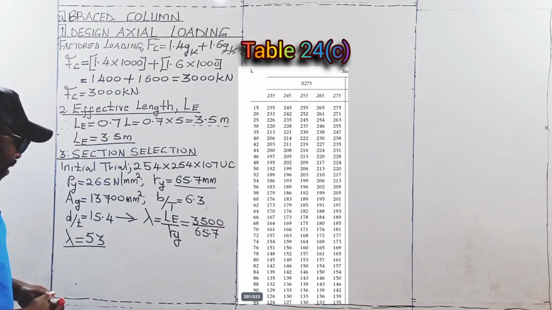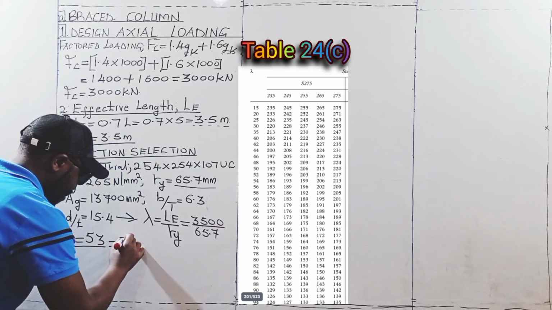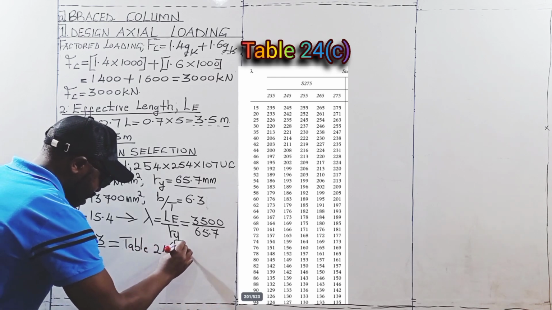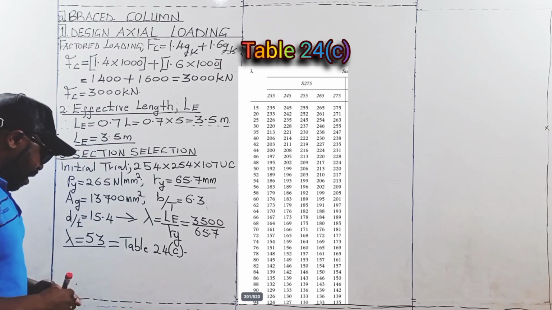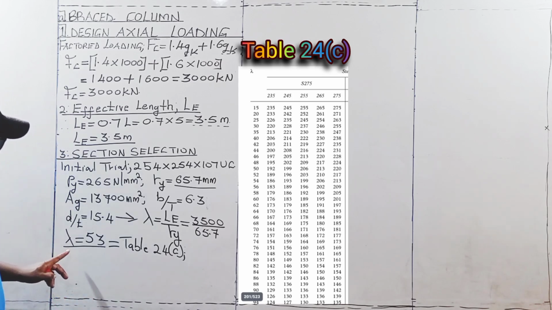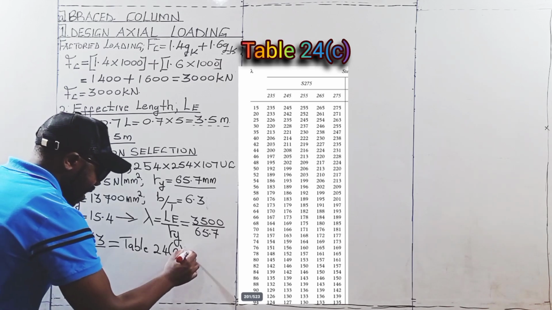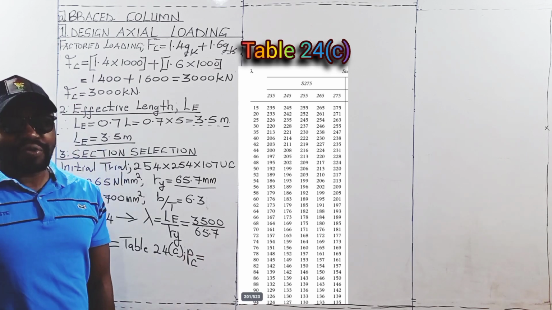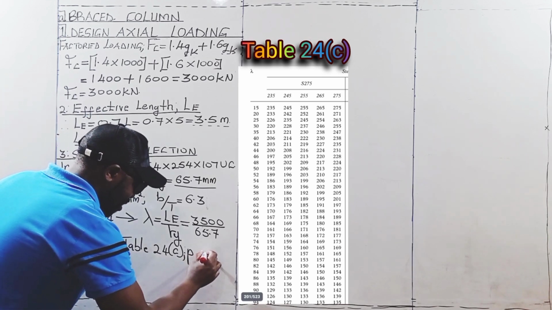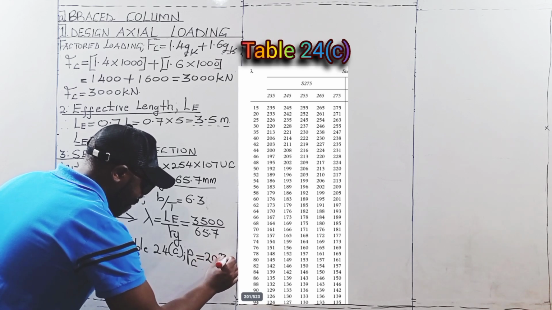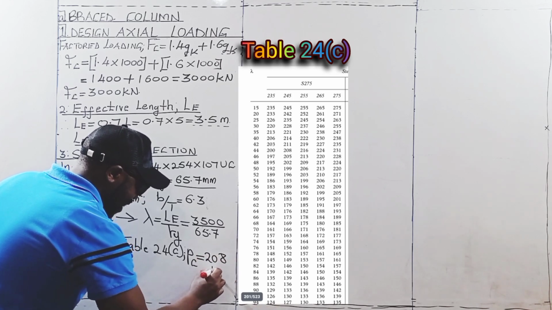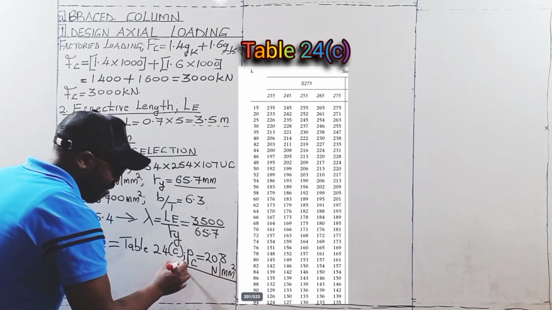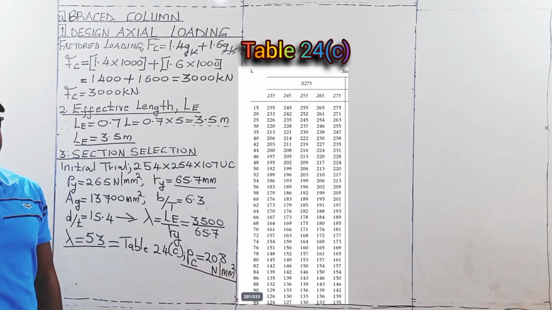And from that table, that is table 24C, when the slenderness ratio is 53, the compressive strength of steel is going to be 208 newtons per square millimeter. Therefore, we have 208 newtons per square millimeter being the compressive strength of steel.